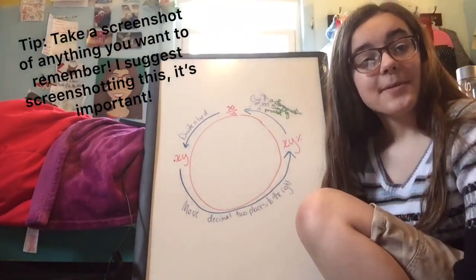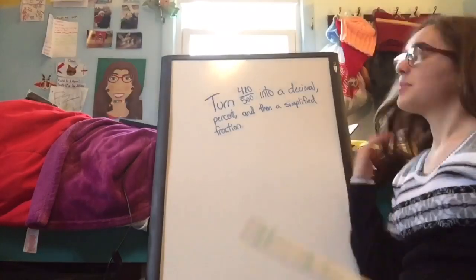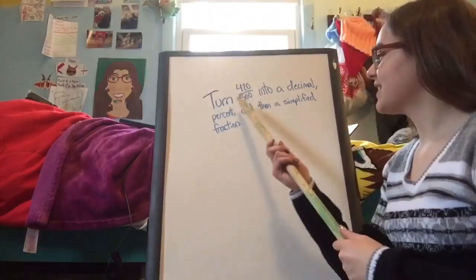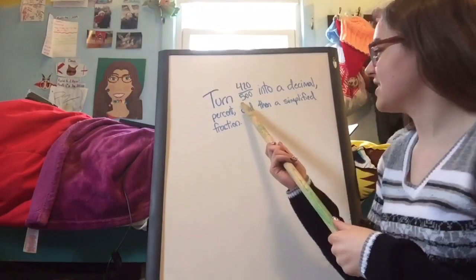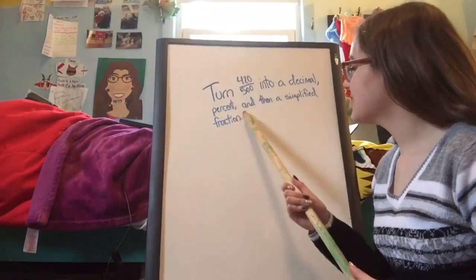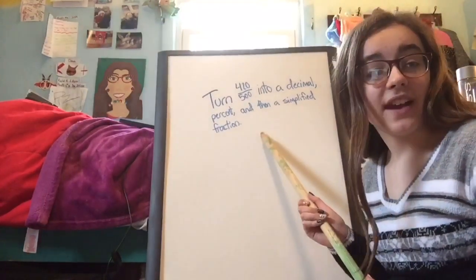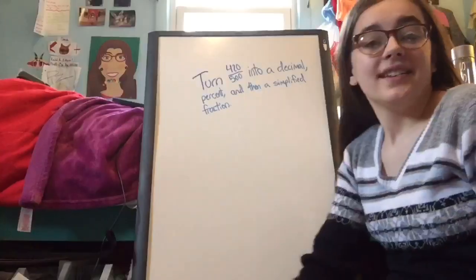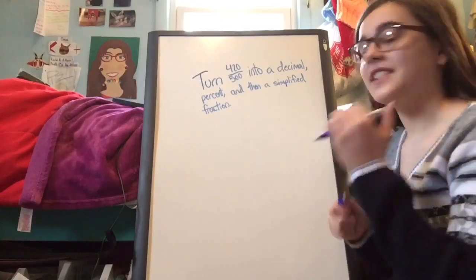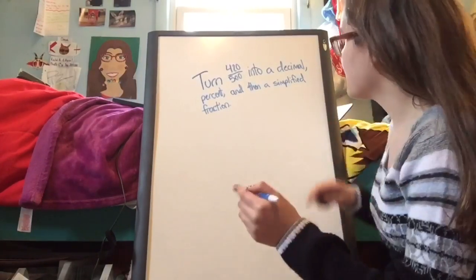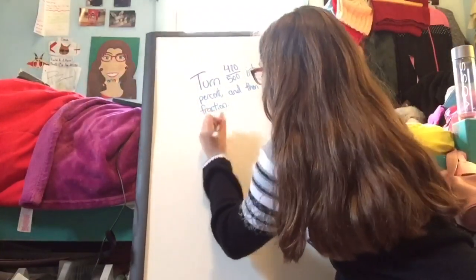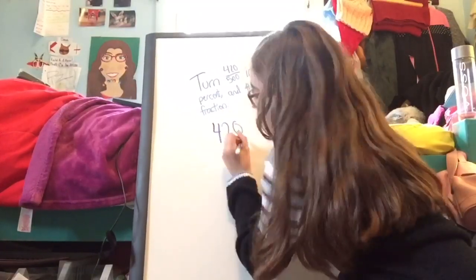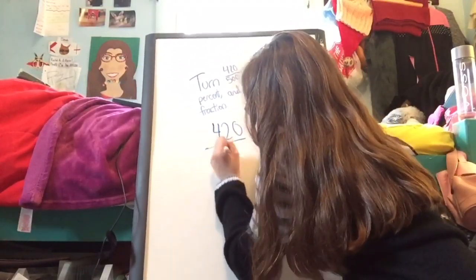Let's try doing problems with parts of a whole. Our problem is to turn 420/500ths into a decimal, percent, and then a simplified fraction. Basically, spin it around the wheel of parts of wholes. So, if we want to start our journey, we will take 420 over 500 and divide it to turn it into a decimal.